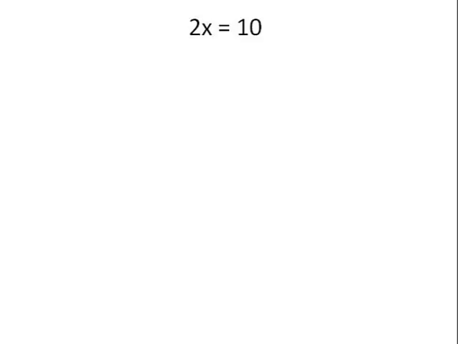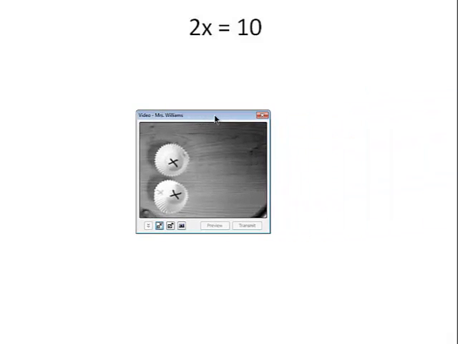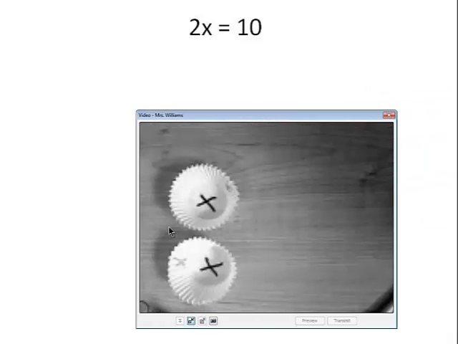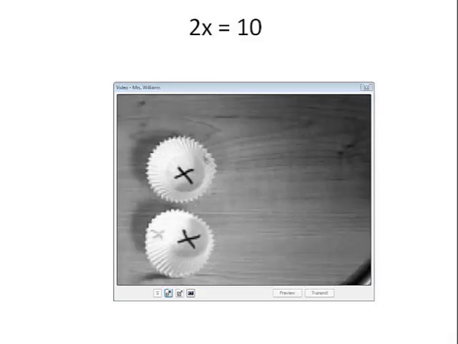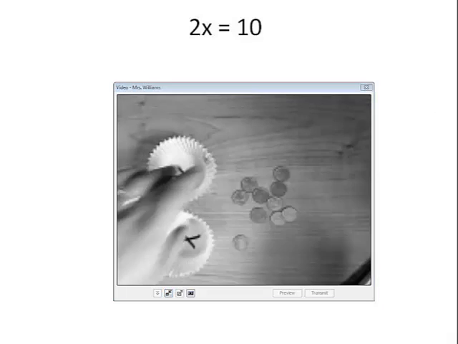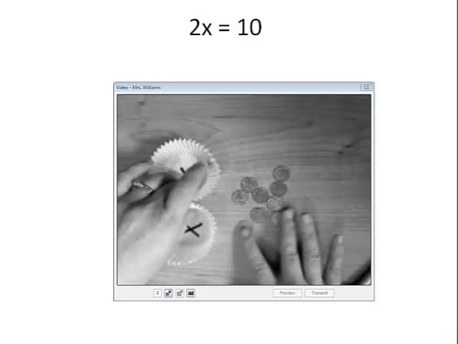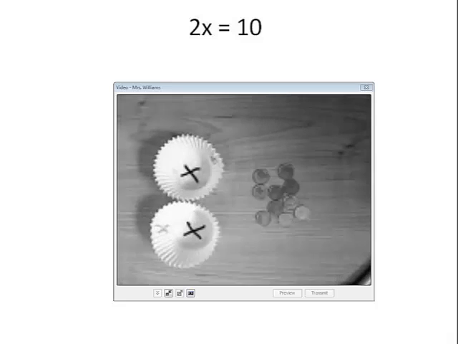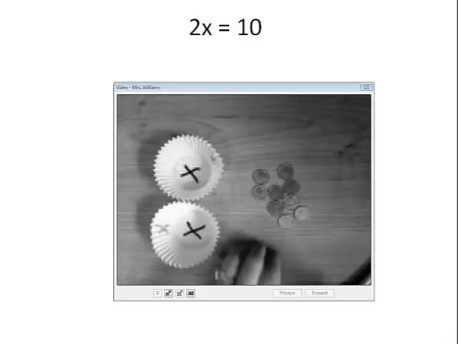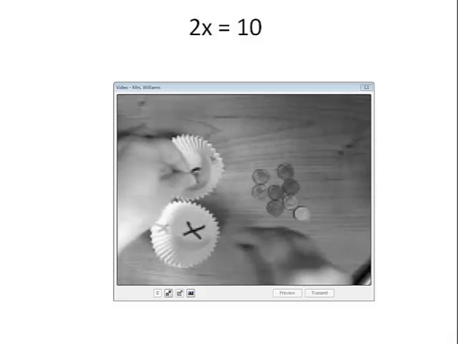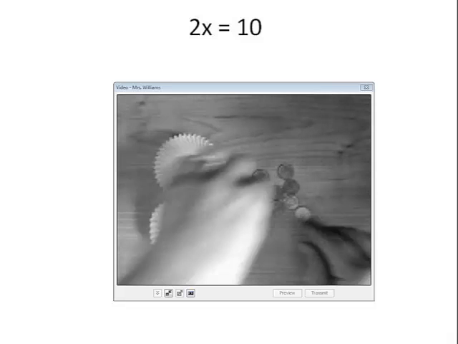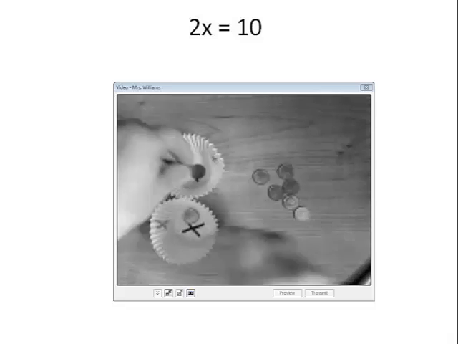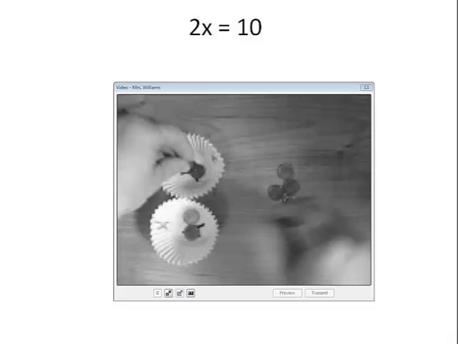Okay, so here we have 2x is equal to 10, so we want to put out 2 X boxes, and we're going to need 10 pennies. So of course we know that we don't have any constants, so we can just start filling up our X boxes, making sure we put the same number of pennies in each.